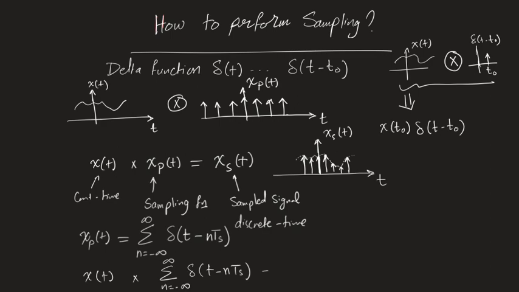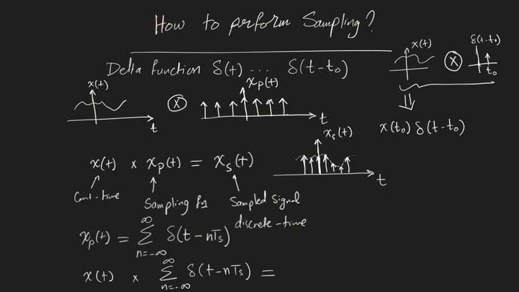And this is going to be equal to, if I multiply x of t, since this summation is over a variable called n, the x of t is constant with respect to that variable, right? So I can put it inside the summation. If I put x of t inside the summation, I have x of t multiplied by a delta at some location called nTs.